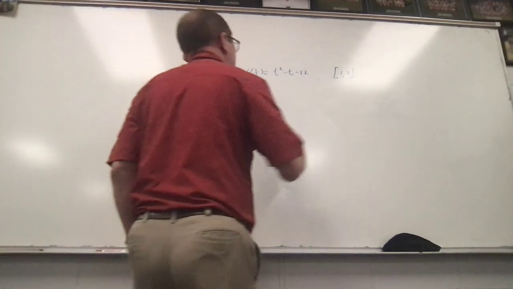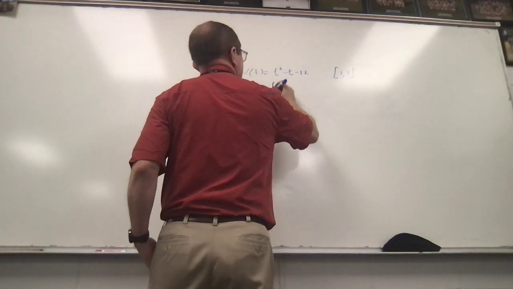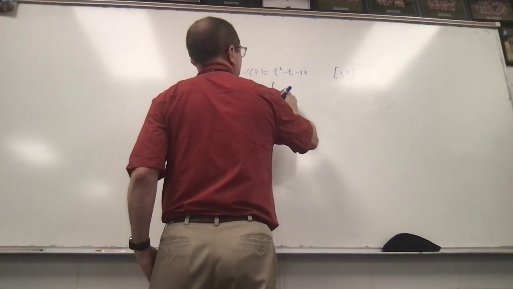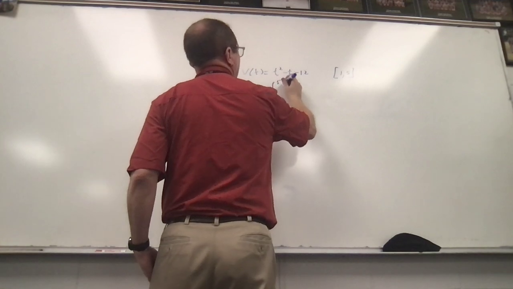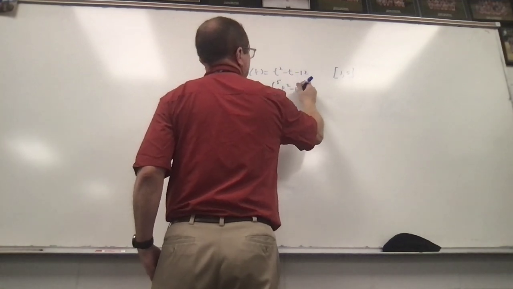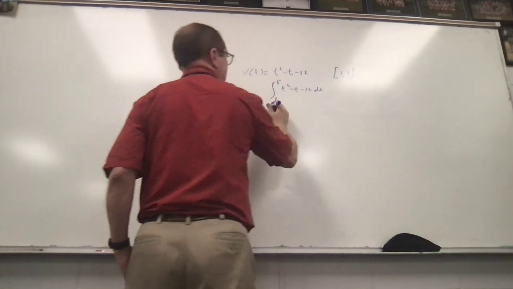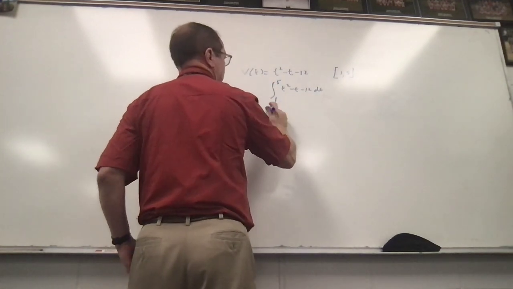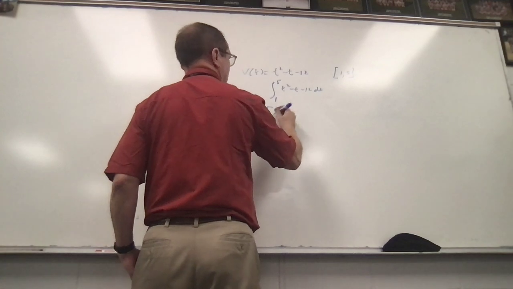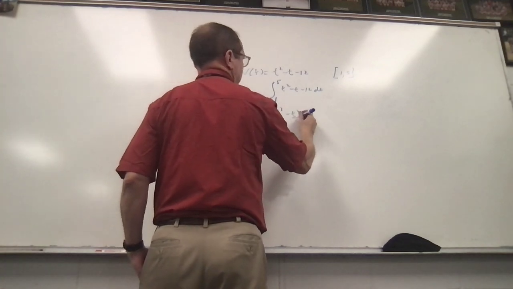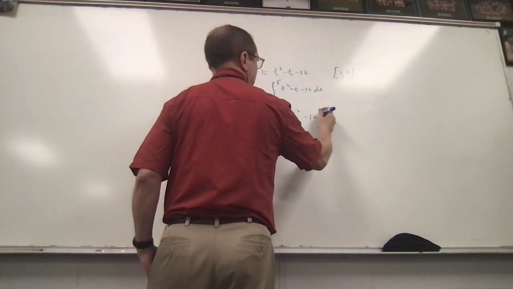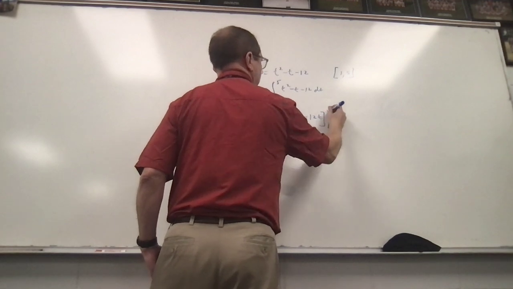So total displacement is going to be the integral from 1 to 5 of t squared minus t minus 12 dt, which would be t cubed over 3 minus t squared over 2 minus 12t from 1 to 5.